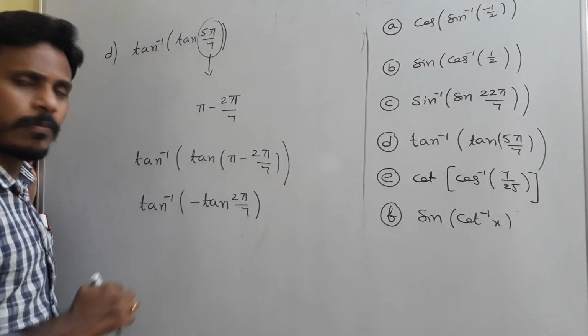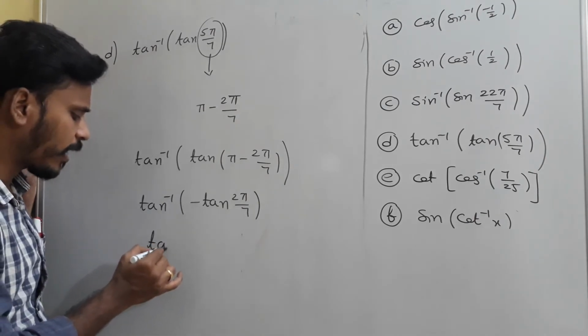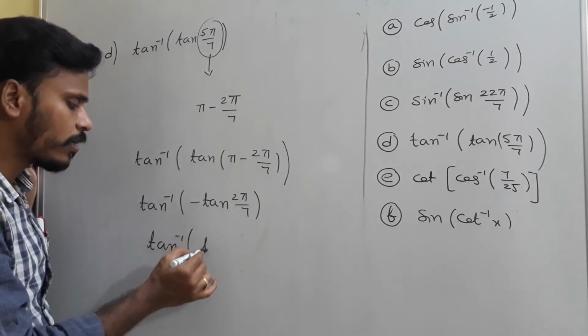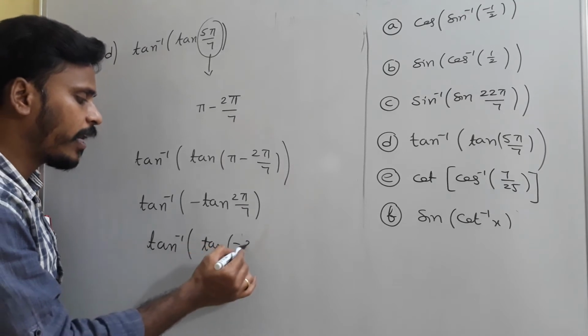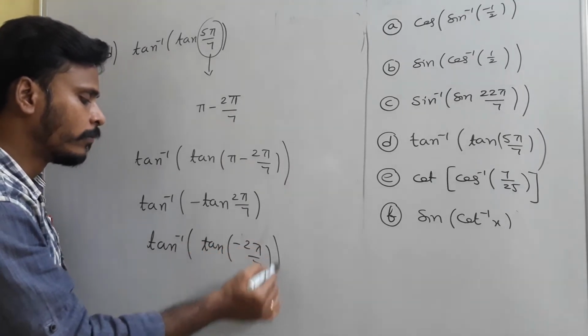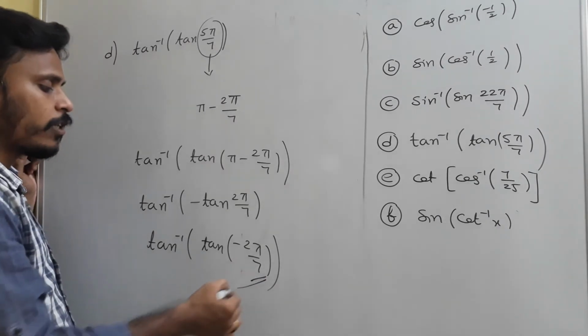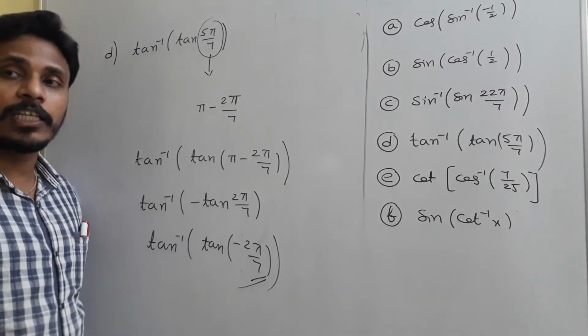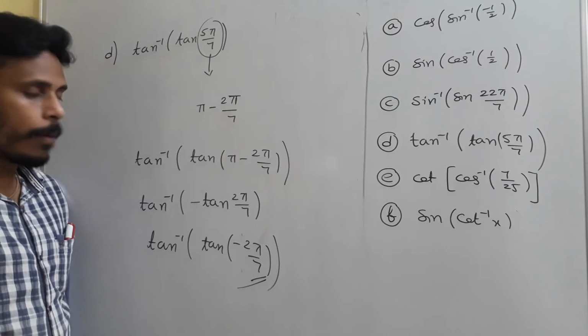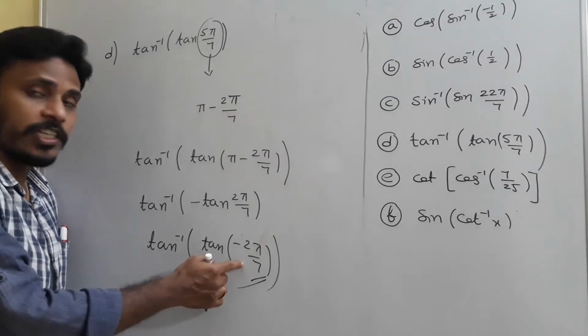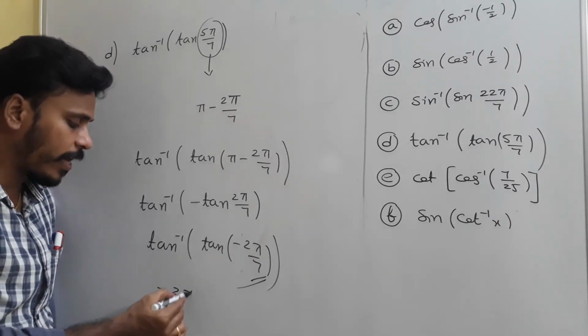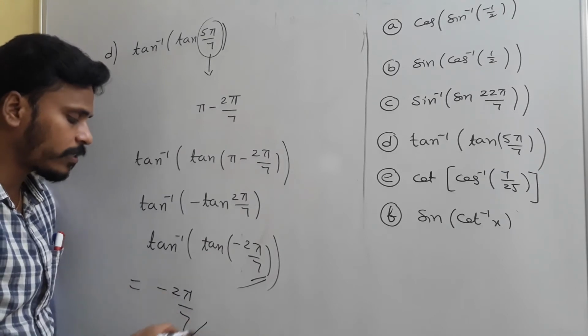I don't need this minus, so I will rewrite it like this: tan inverse tan of minus 2 pi by 7. This minus 2 pi by 7 is for sure in our range, minus pi by 2 to pi by 2. Since it is in our range, our answer is directly minus 2 pi by 7.